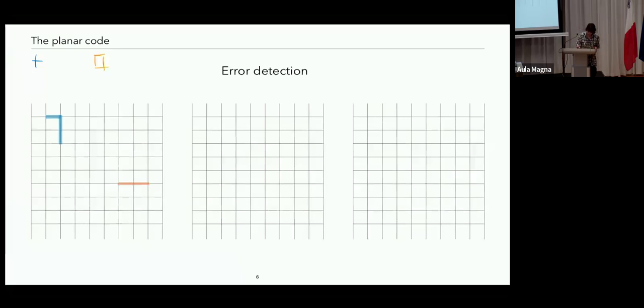Yeah, great. And so you can see that if I measure a bunch of orange operators, will this one give me any idea on the state of this error? No. But what happens is that if I measure, for instance, this one, then this is going to be lit up.